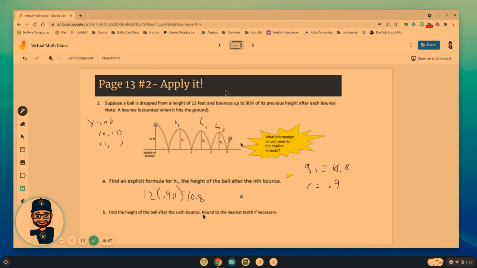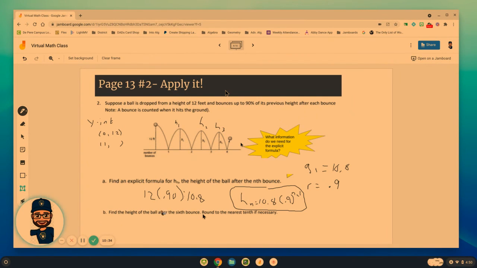Meaning we can write an equation, and in this case they want us to use h, so h sub n equals our first term, 10.8, times the common ratio, which is 0.9, to the power of n minus 1. And that allows us to find the height of this ball after n number of bounces.